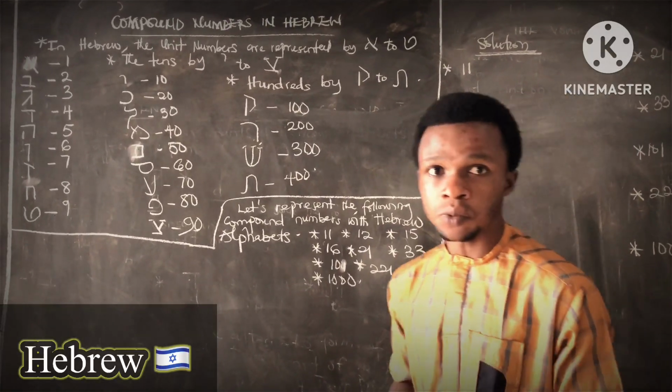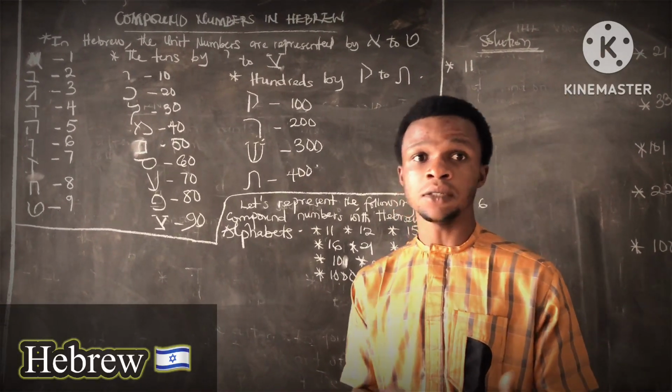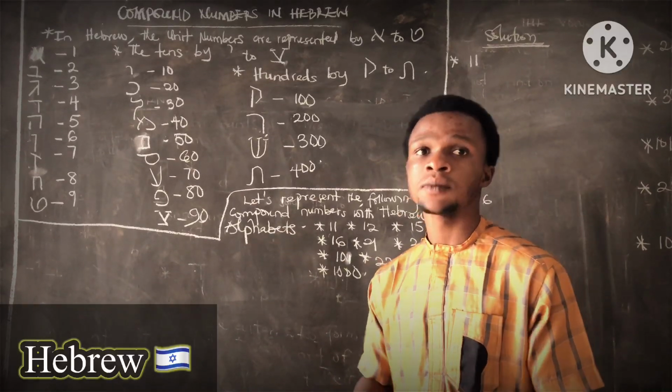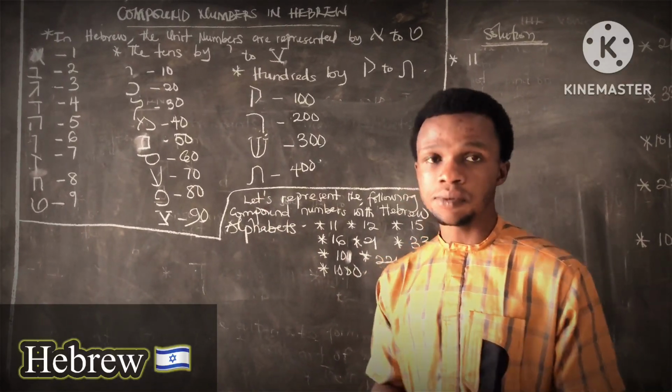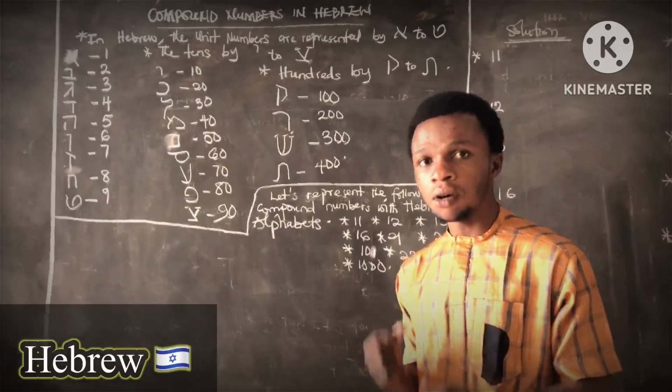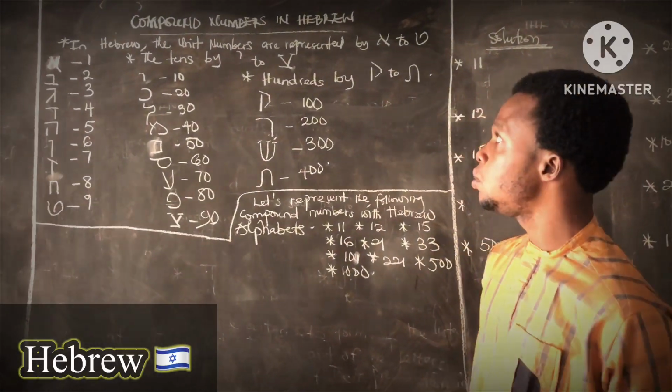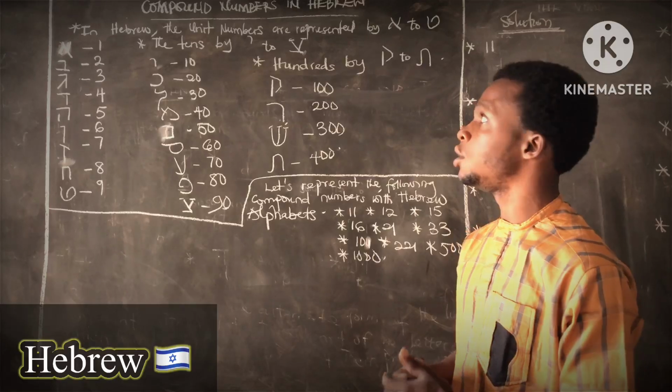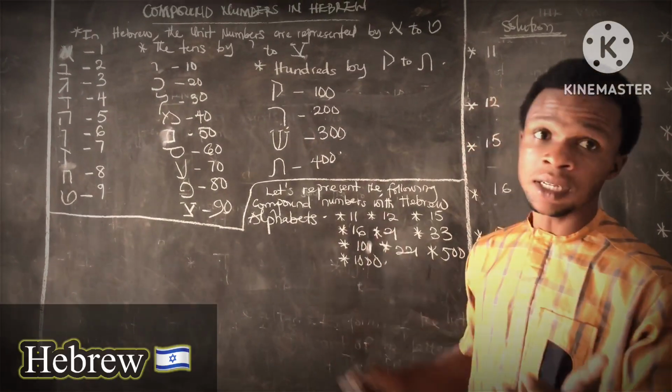So in Hebrew, we have units. In mathematics, there are units, tens, and hundreds, and above. But in Hebrew, we only have units, tens, and hundreds. The unit numbers are represented by aleph to tet.